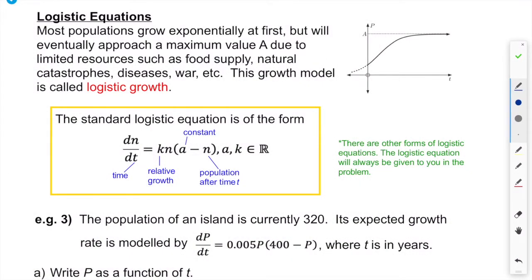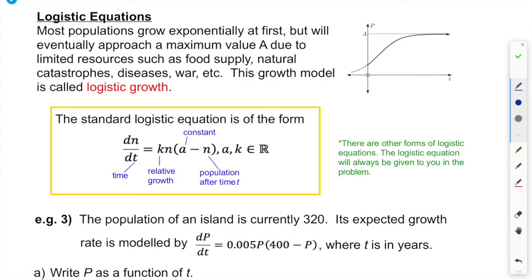Okay, so now let us turn to a very common application of differential equations, which is to model population growth. You have probably heard that population growth follows an exponential model, but a lot of times exponential models ignore the fact that there are many external factors that can affect the carrying capacity, which is the maximum population that a certain community or environment can sustain.